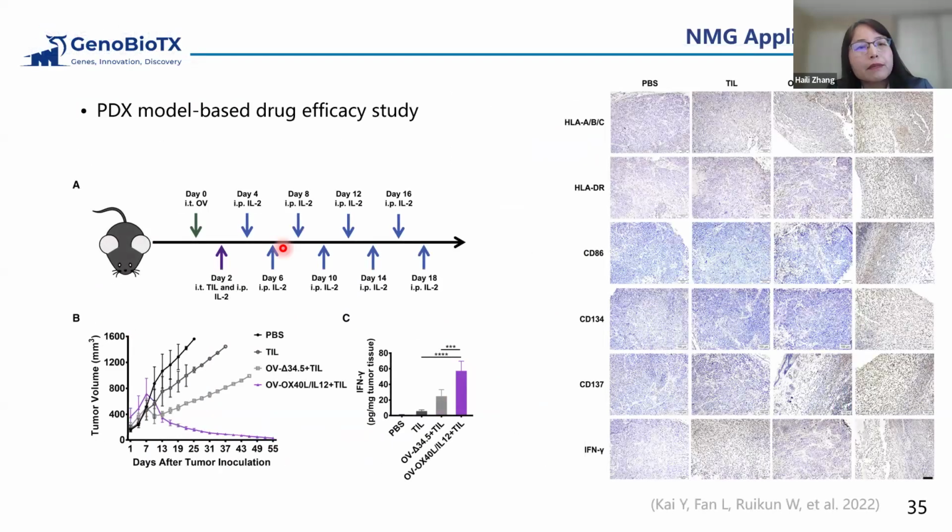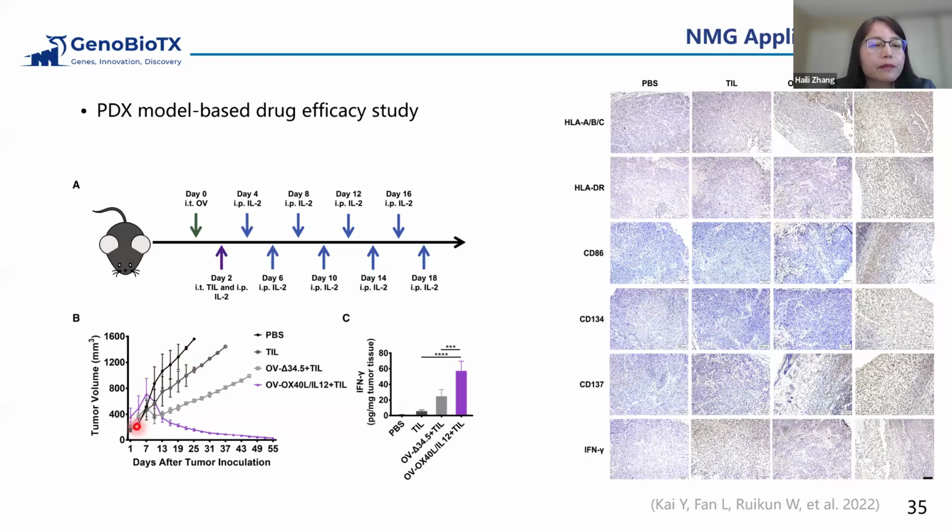So the NMG mice can be used for PDX model-based drug efficacy evaluation. Here is an example. In this study, the client successfully transplanted a human oral tumor into the NMG mice. We can see rapid tumor growth after inoculation in the control group, the PBS group.